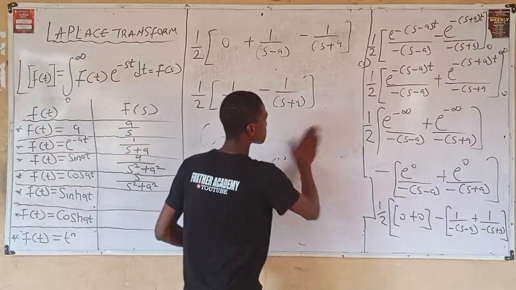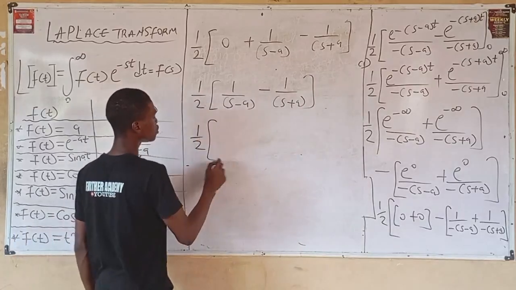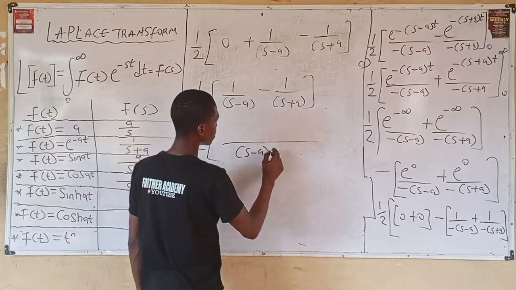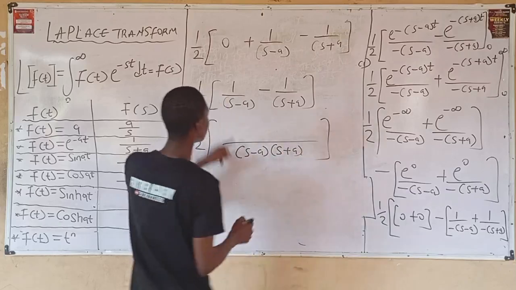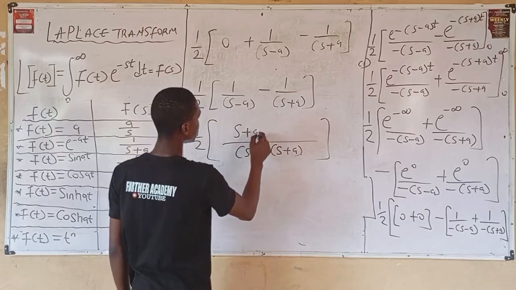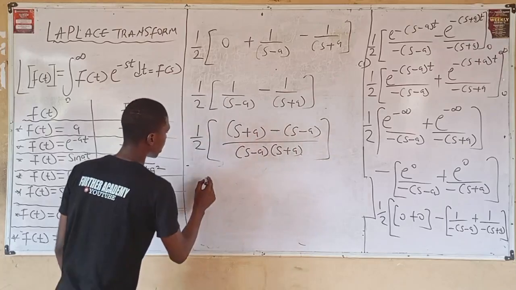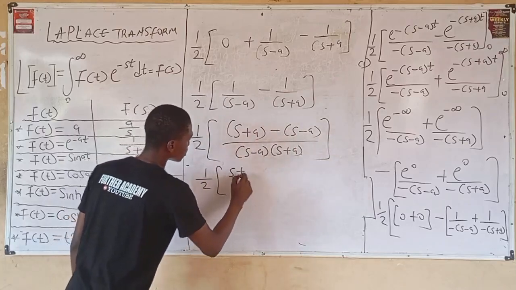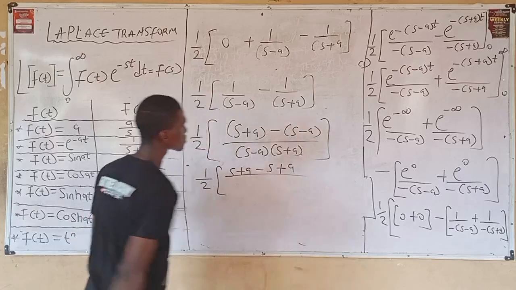Meaning from here, I'm having 1 over 2a, all into bracket, (s minus a) open bracket (s plus a). This divided by this, I'm having (s plus a) times in this. What do I have? (s plus a) minus (s minus a). I then have 1 over 2a, all into bracket, (s plus a) minus (s minus a), right?